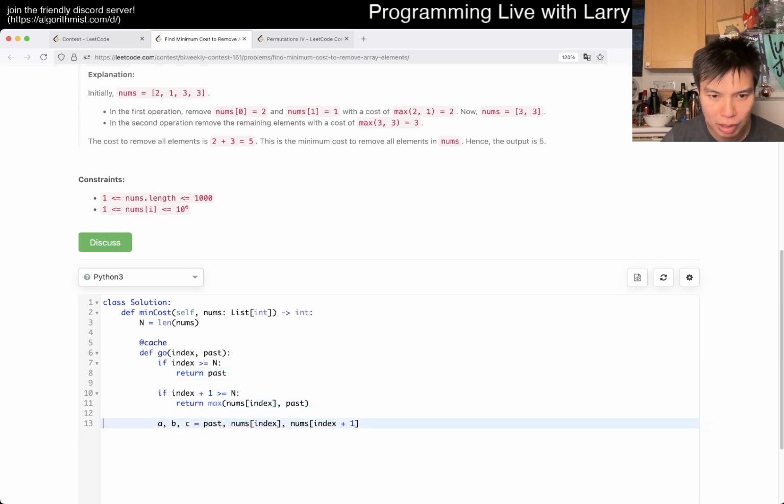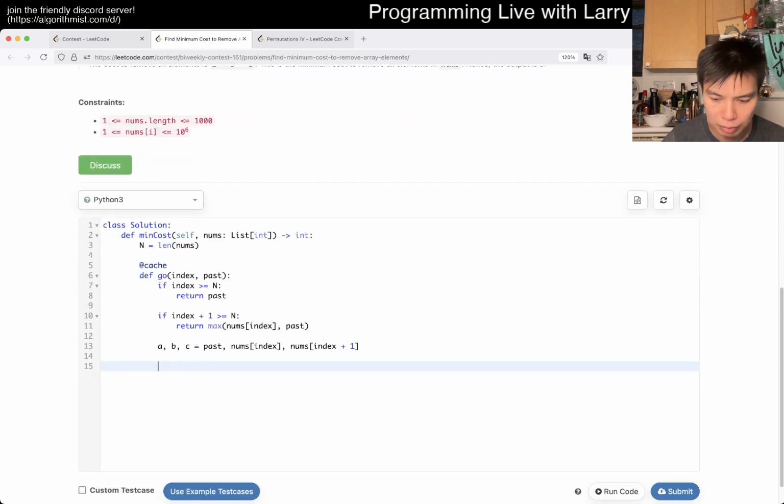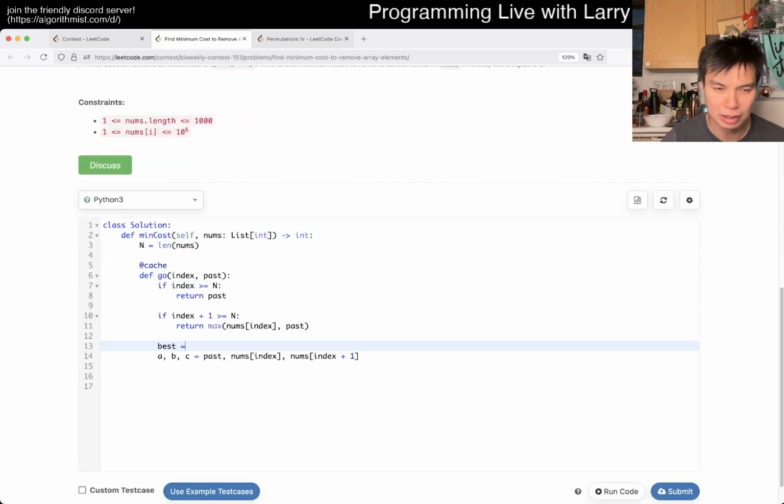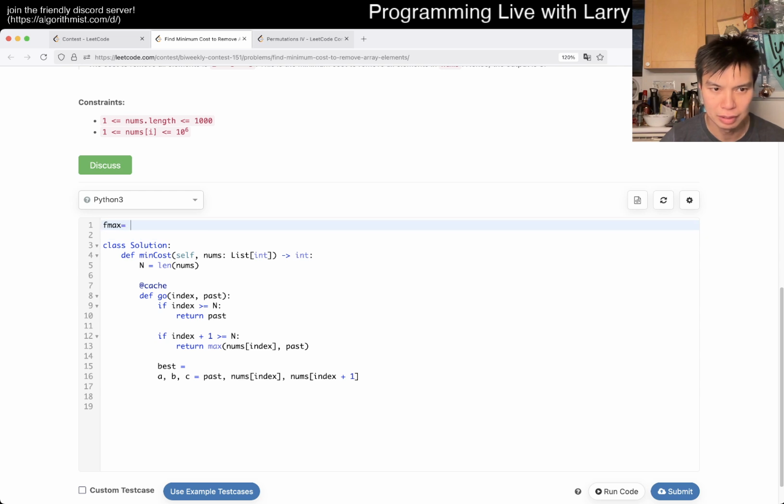Okay, otherwise, now we have a couple of choices, right? Let's actually do this. So then pass is equal to, we want to minimize, so let's just go infinity.